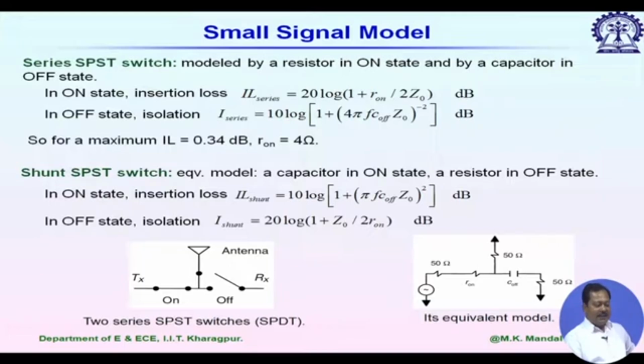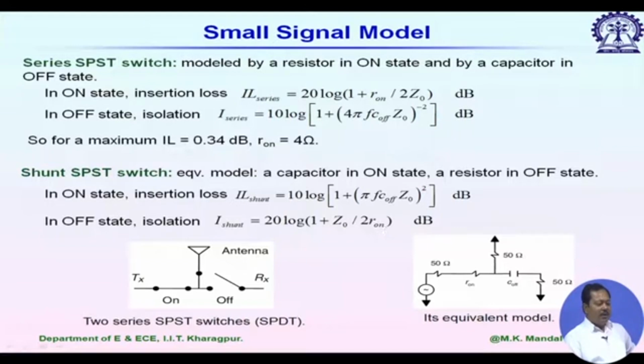That means, in this case left hand side would be connected to right hand side, and we call the switch is on, but the diode is off, and S21 or insertion loss in shunt, IL shunt, is equal to 10 log of 1 plus (pi f C off Z naught) whole squared, in dB, and in off state isolation I shunt is 20 log of 1 plus Z naught by twice R on.